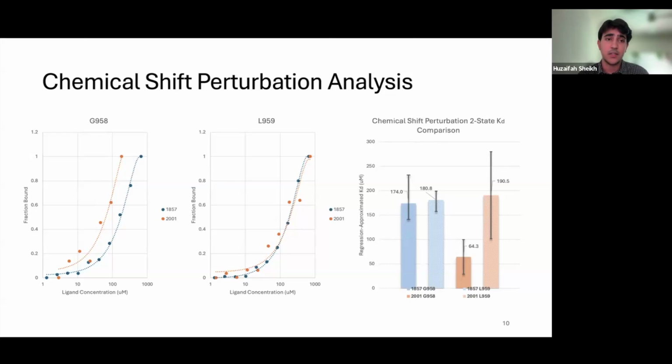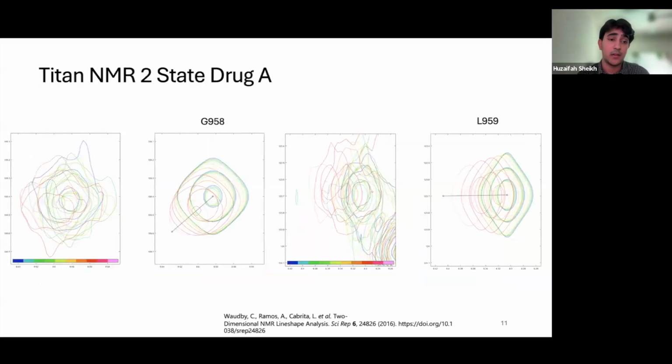So we proceeded with a new form of analyzing the data through Titan software, created by another researcher analyzing NMR. With Titan software, we were able to track the peaks and then run two-state analysis on drug A in G958 and L959.